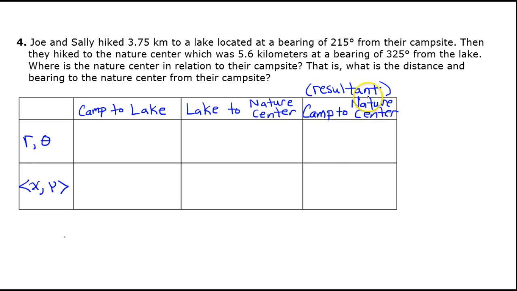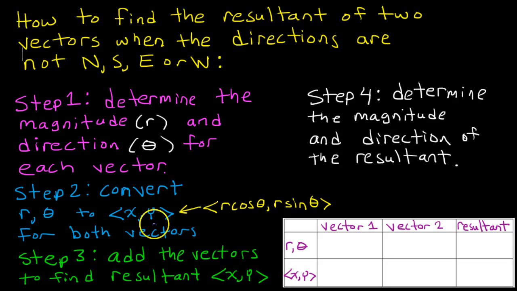I had that backwards at first, because we're going camp to lake, lake to nature center, and then camp to nature center, the beginning all the way to the end. That makes sense as the resultant vector. It's time to use my special 4-step process for finding the resultant vector.